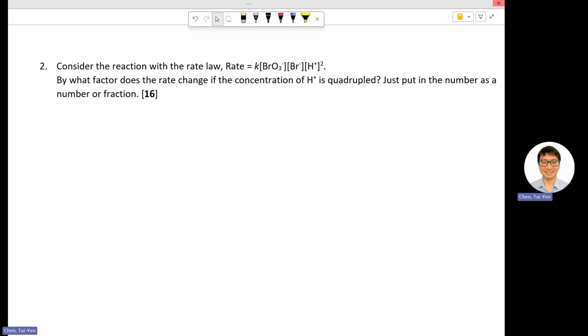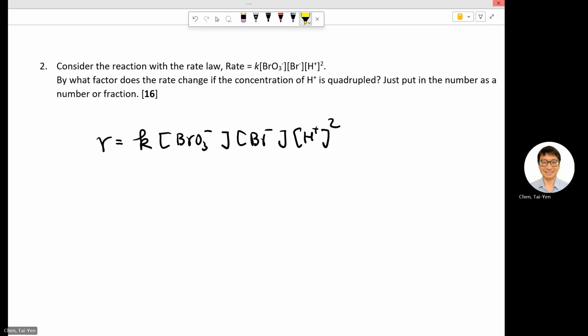Again, this is apparently a differential rate law question, where the rate is going to equal the rate constant K times BrO3 minus times Br minus times H plus to the second power. So what it asks is: if I quadruple my H plus concentration, how will that change my reaction rate?